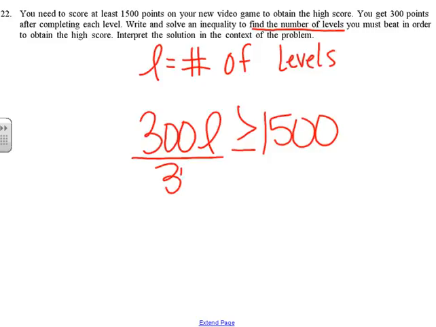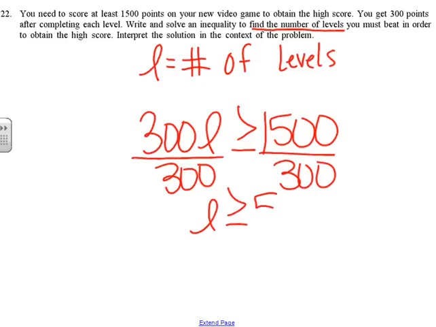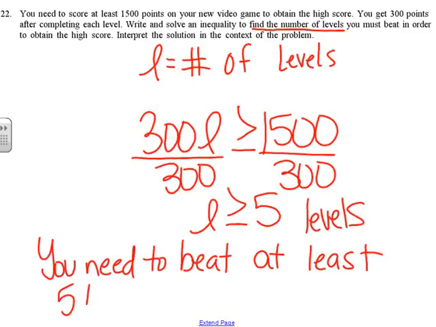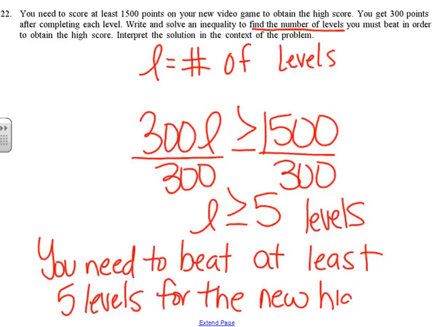So we're going to divide by 300 on each side. So levels is greater than or equal to 5, because 15 divided by 3 is 5. Okay, it says interpret, so you need to beat at least 5 levels for the new high score.